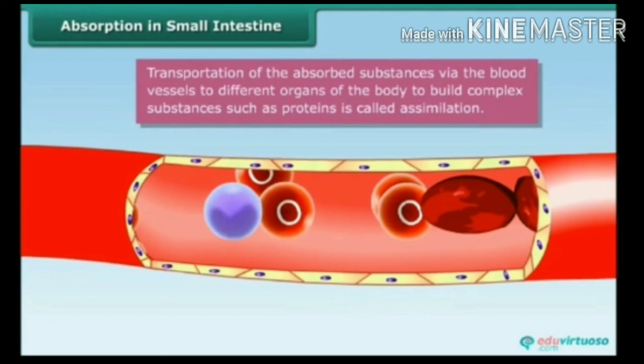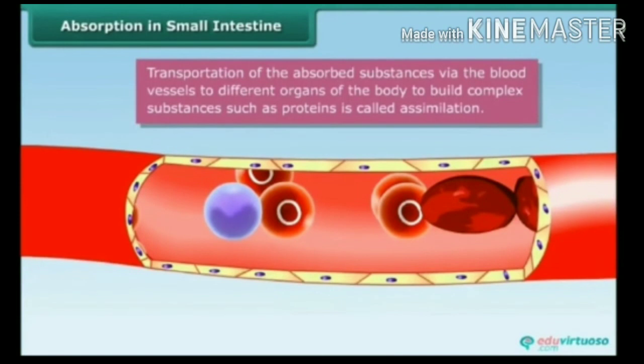Glucose breaks down in the cells with the help of oxygen to form carbon dioxide and water, and releases energy. Fatty acids and glycerol build components of cells and form fats to be stored in the body as food reserves.